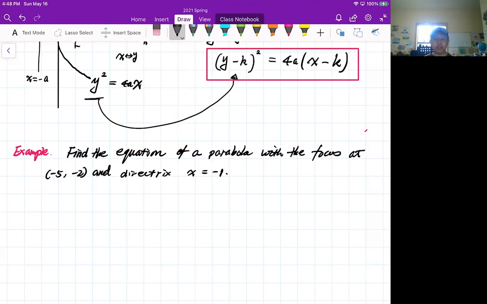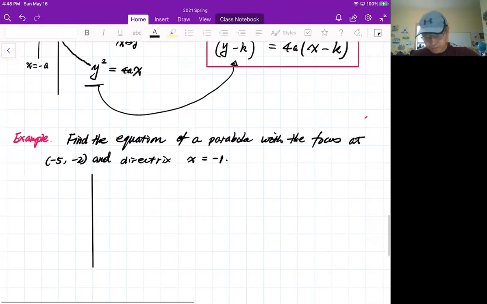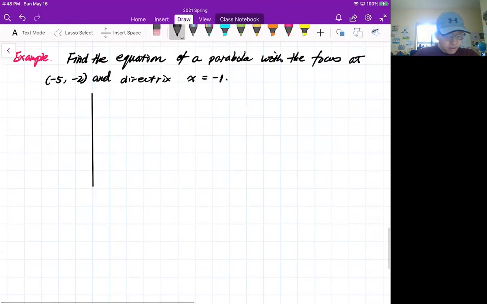You have the focus and the directrix. The directrix is a vertical line, so that means the parabola opens horizontally. So that's the directrix, x equals -1.